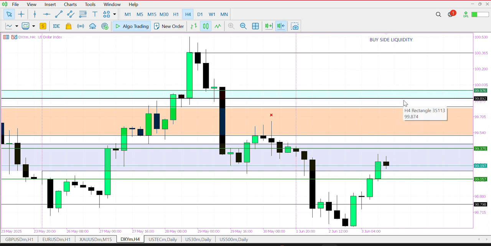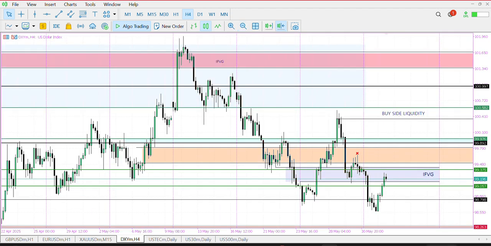So which level are we going to get? That's where patience comes in. We wait. Let's wait tomorrow, Wednesday trading, and Thursday, and see where the dollar index would like to trade to. So once it trades to those areas, then we can take a trade in these other pairs.